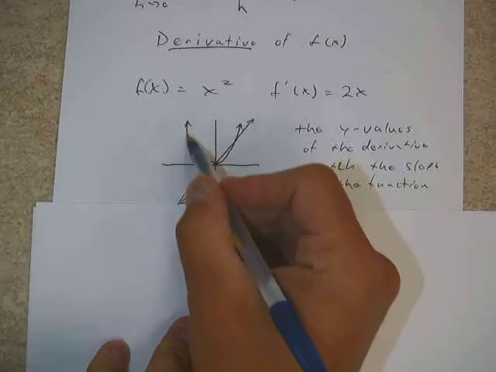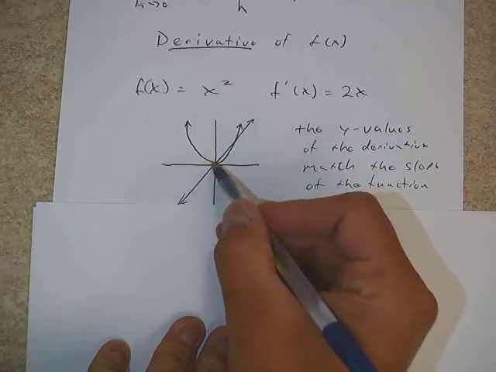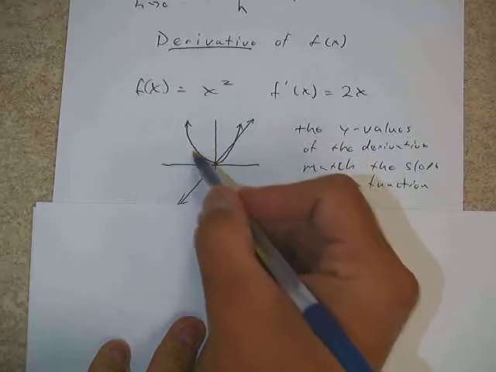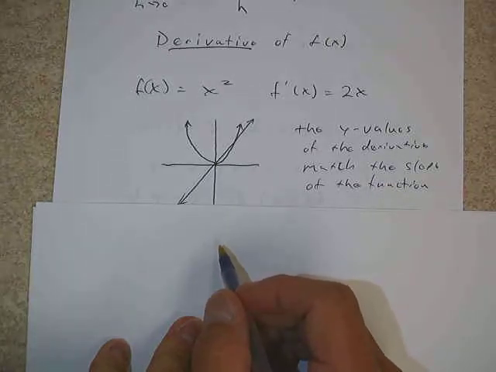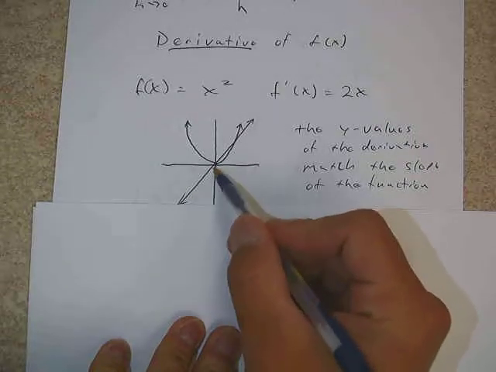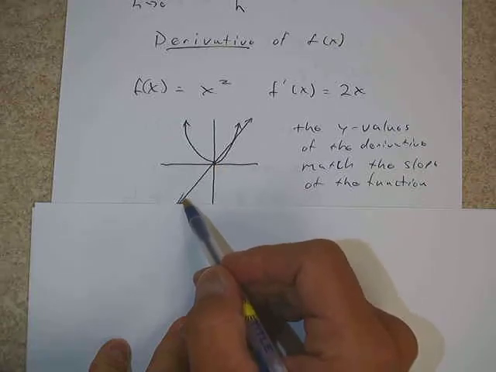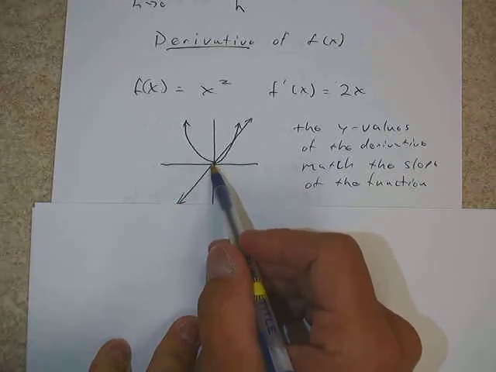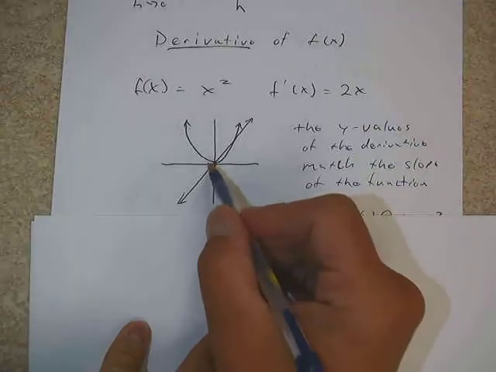For instance, on this left branch, the slope of the curve at any of those points should be negative. True? And what do you notice about the y values of y equals 2x, or f prime equals 2x? They're all negative as well.